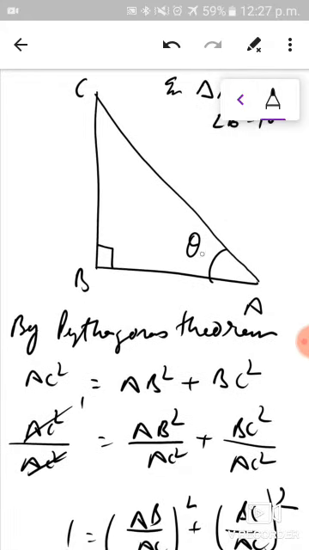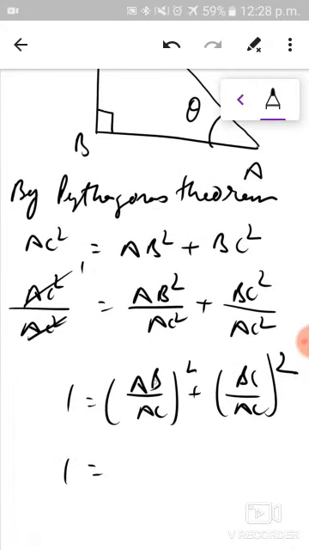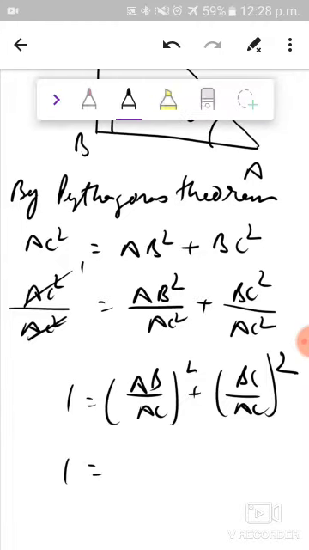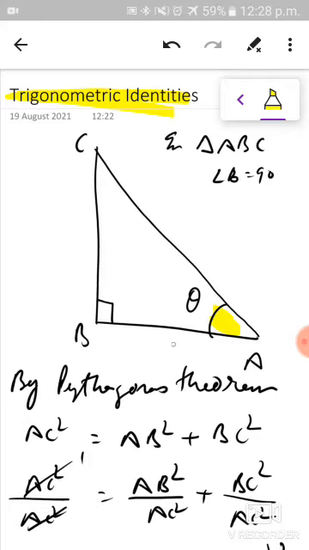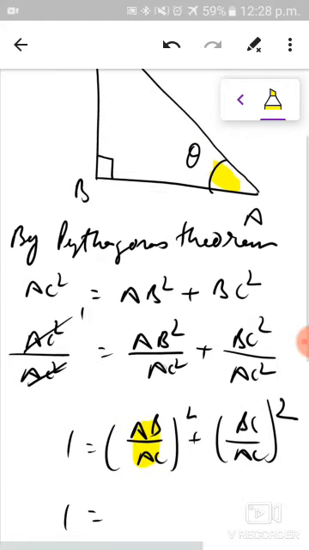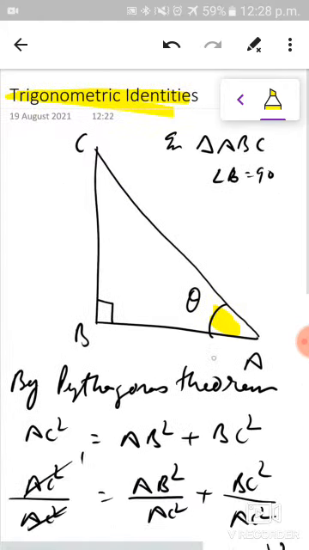for angle theta, we are going to find out what is AB by AC. So for angle theta, AB is what? That is base, and AC is what? That is hypotenuse, right?